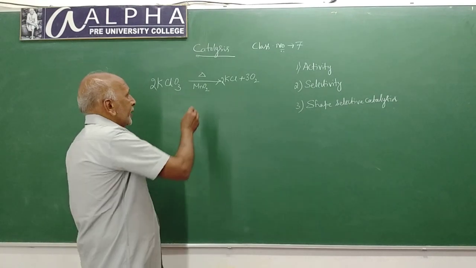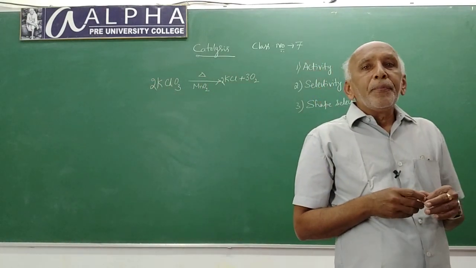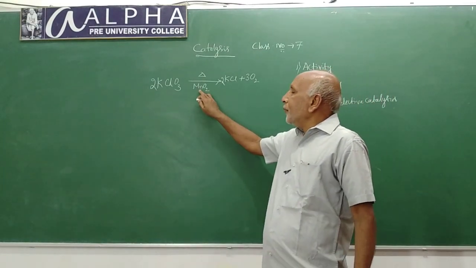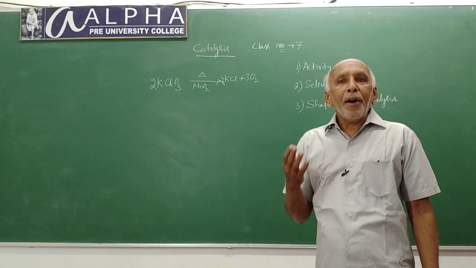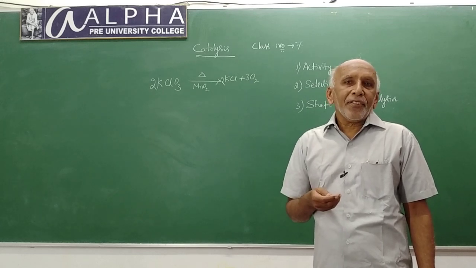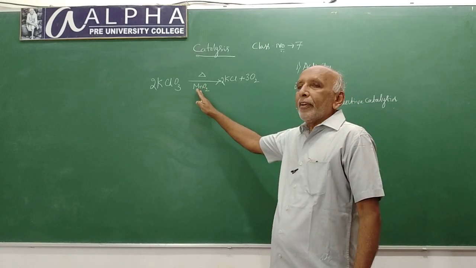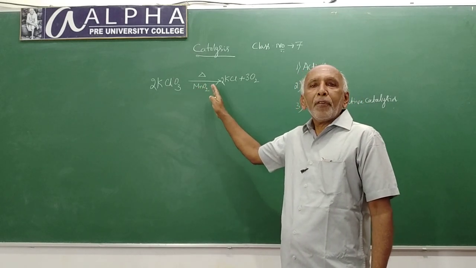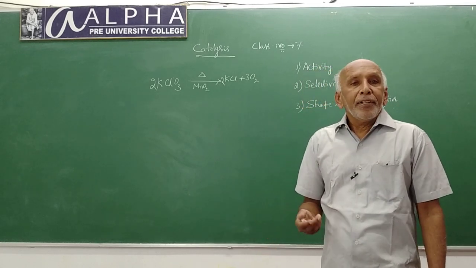And mass will be same. But crystalline manganese dioxide is converted into amorphous manganese dioxide after the reaction. Crystalline manganese dioxide used, but finally got amorphous manganese dioxide. So there may be slight physical change.